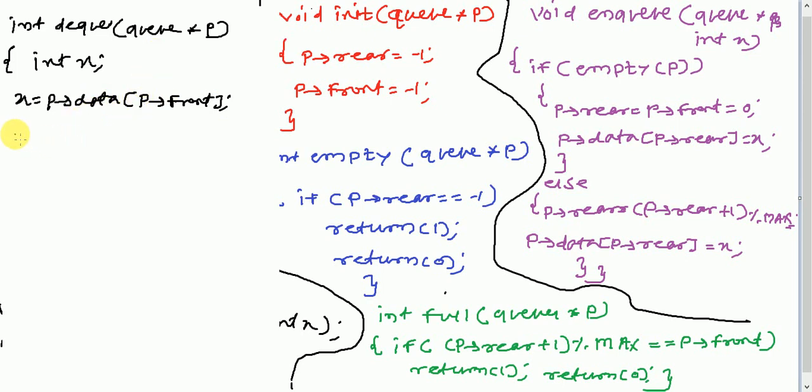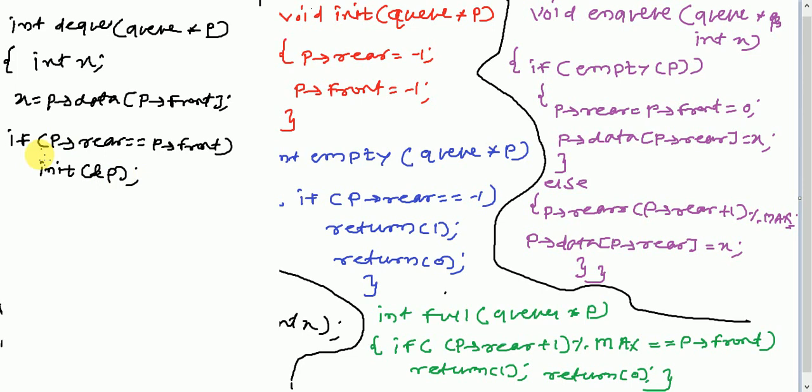Then if there is only single element, that means if your front and rear is pointing to the same element, that means if P of rear is equal to P of front, so in that case what we'll do, we have to simply call for init function which will make P of rear and P of front as -1.